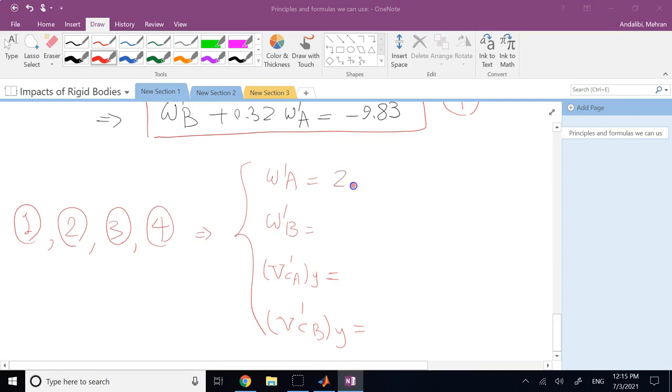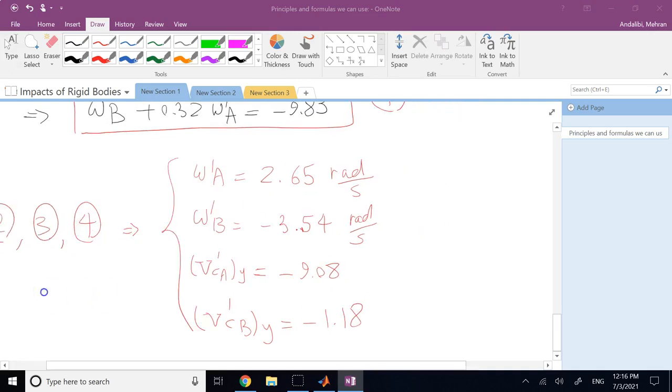If you do that, this guy is going to be 2.65 radians per second. The other one is going to be negative 3.54 radians per second. This is going to be negative 9.08. And this guy is going to be negative 118.